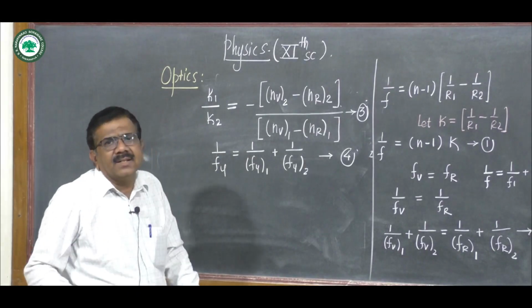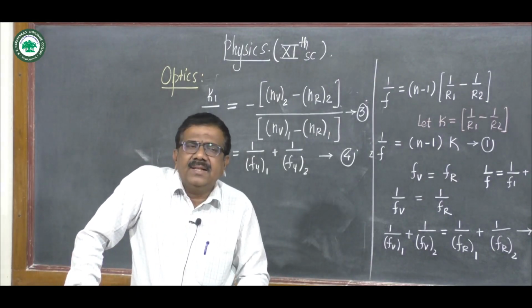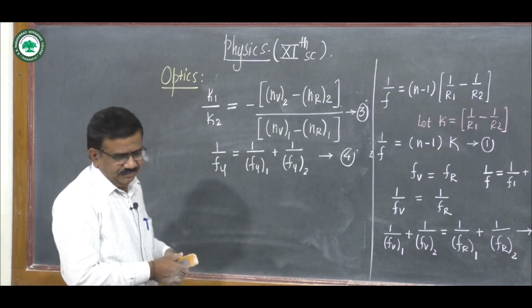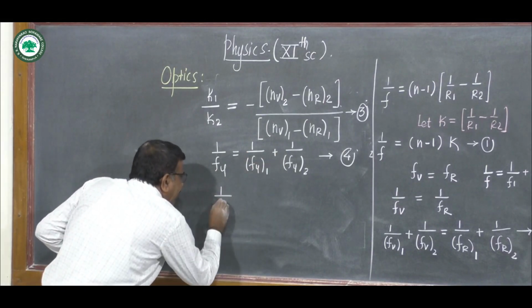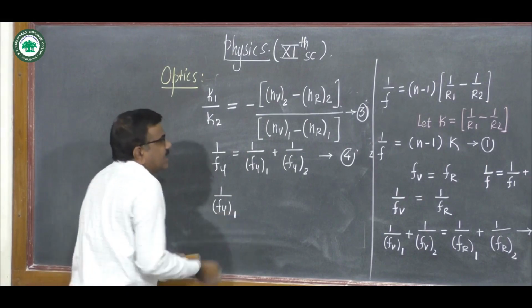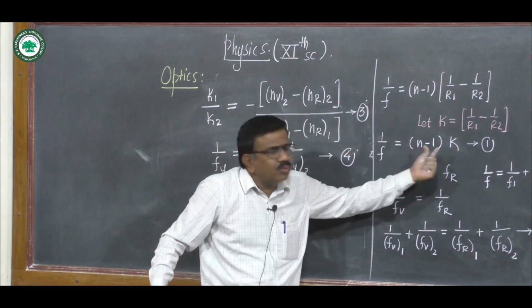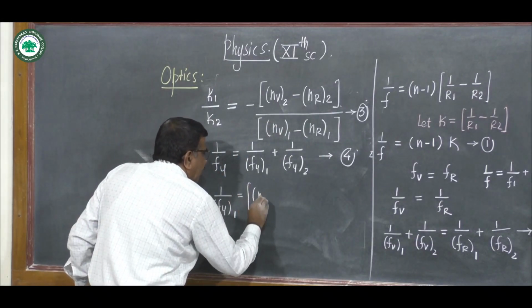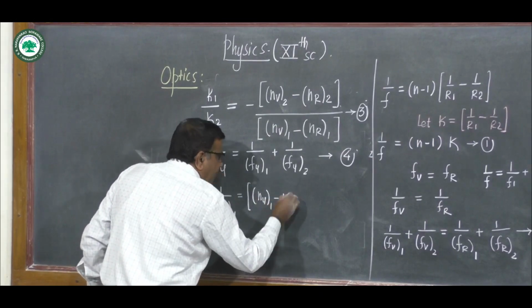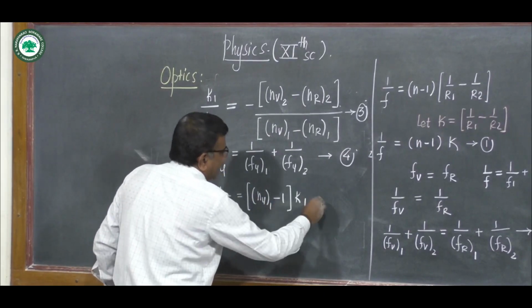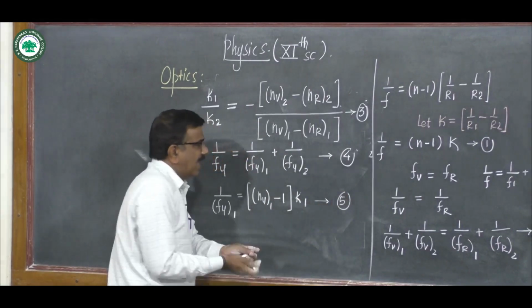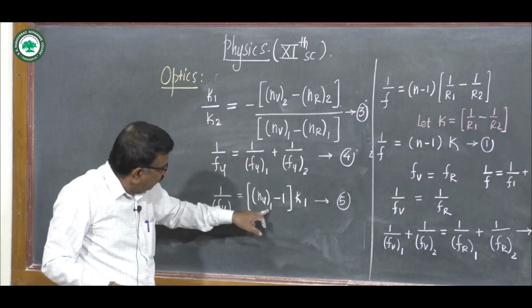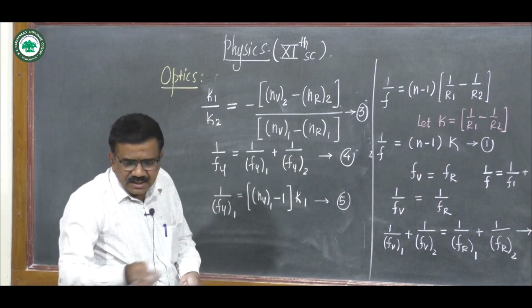For the mean yellow color, we write the expression 1 upon Fy is equal to 1 upon Fy1 plus 1 upon Fy2, with 1 upon Fy1 is, see this equation, 1 upon F is equal to (n minus 1) K, so it is (ny1 minus 1) K1. Suppose equation 5.